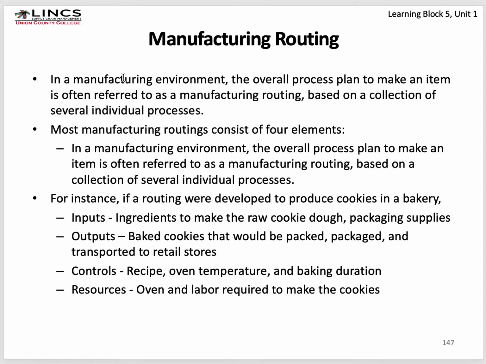So it's basically what is your feeds and speeds, if you would, to your process, and then how you're going to actually control them. And the resources are the ovens, the labor to make the cookies, and the energy required to run the ovens. I imagine it's probably very expensive.